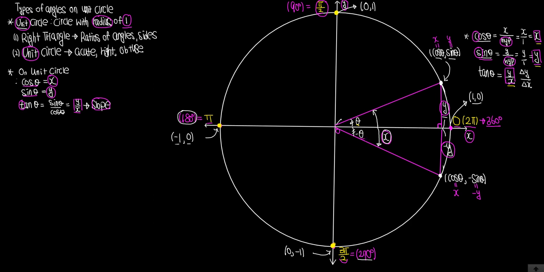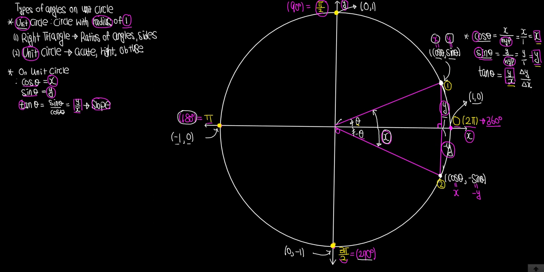But we can clearly observe that this point, which contains cosine theta and sine theta as a positive x and a positive y, if we think of it as the first coordinate, it is symmetrical about the x-axis with this point right over here, which I'm going to notate as the number 2 coordinate.